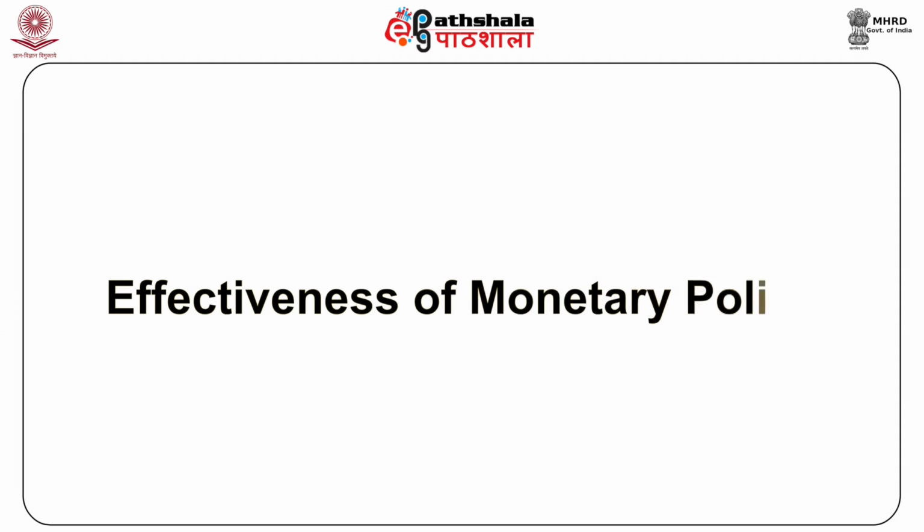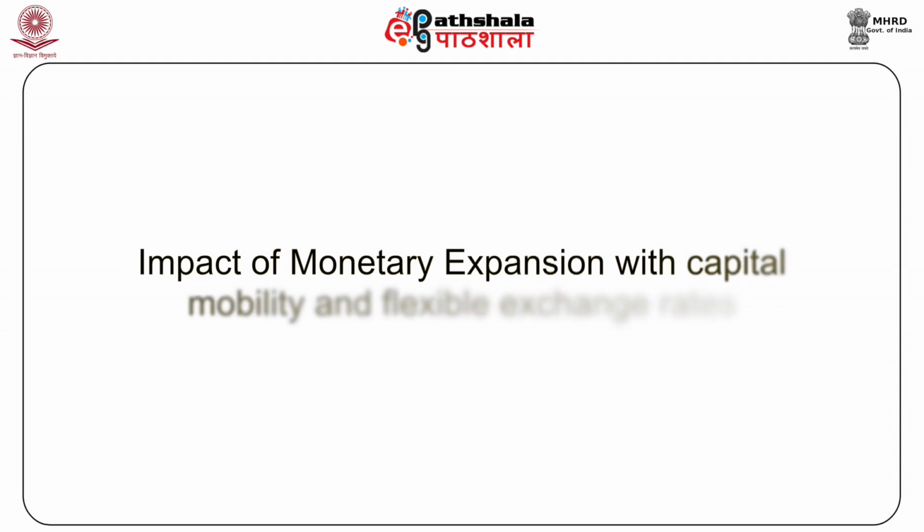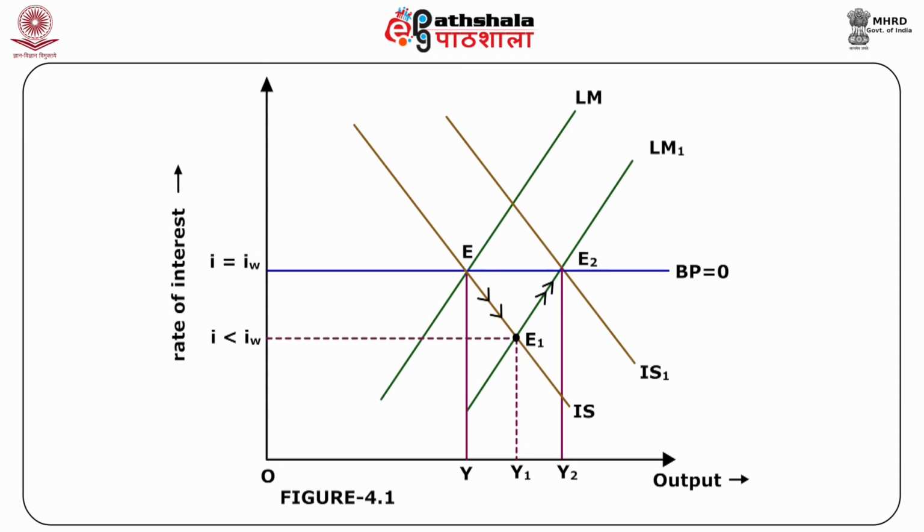The effectiveness of monetary policy, impact of monetary expansion with perfect capital mobility and flexible exchange rate. We can see from the graph that the initial equilibrium is at E, where IS and LM curve intersect. Now let us assume there is an increase in the nominal stock of money.